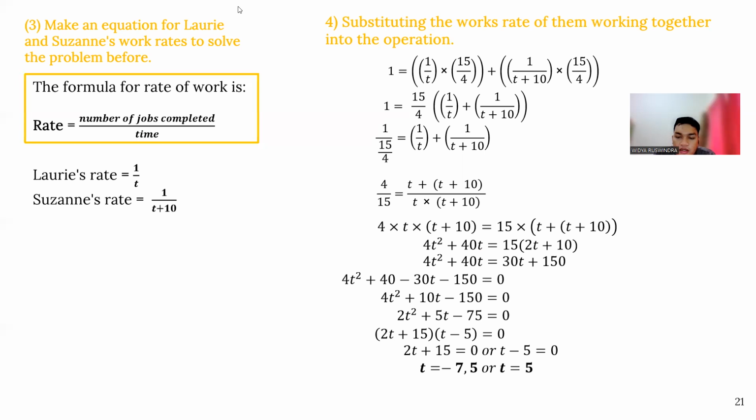This is why the next step is like this, because we multiply 15 with t plus 15 times t times (t plus 10), and we get this.